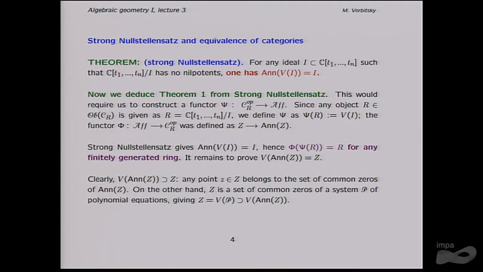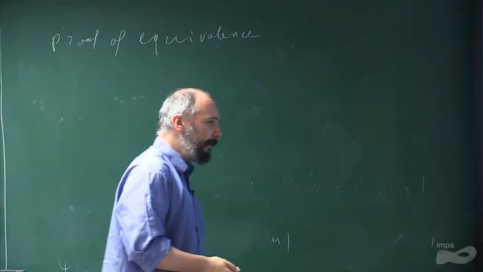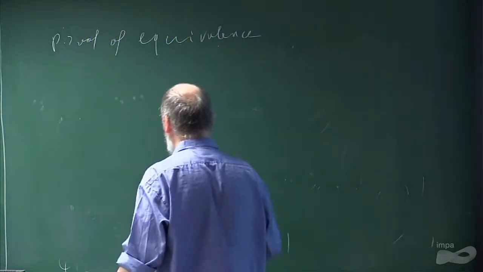Okay, so let's construct a functor. Proof of equivalence. I start with a functor from rings to affine varieties.